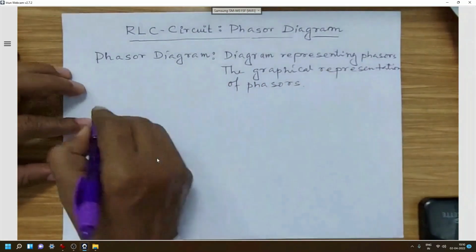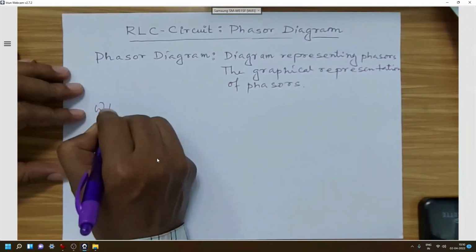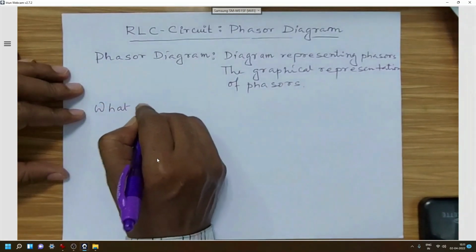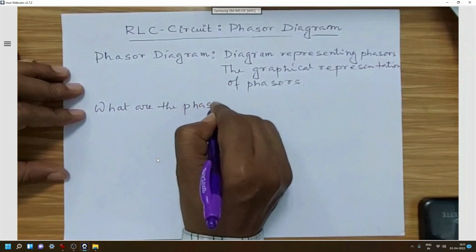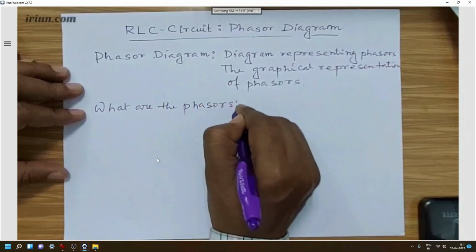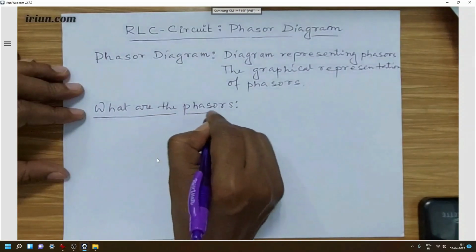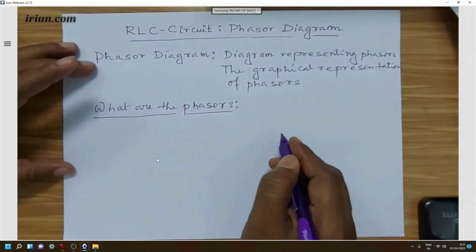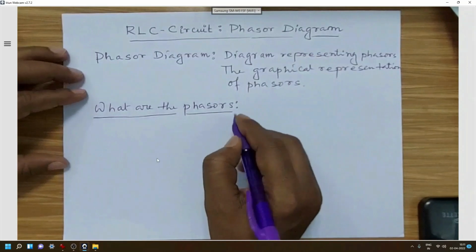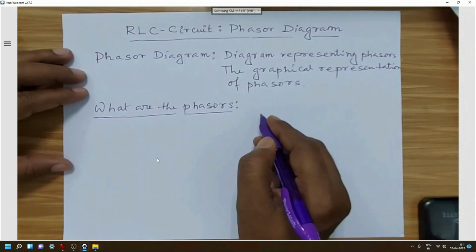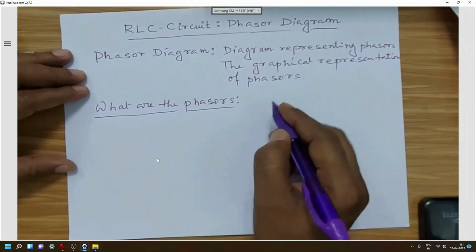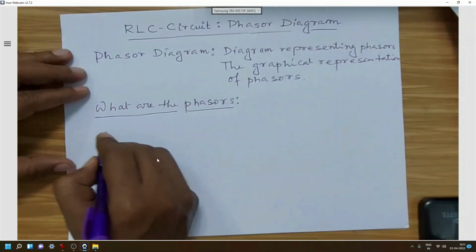Now we should know what are the phasors. Then our knowledge will be complete about Phasor diagram. So we understood Phasor diagram is the diagram representing the phasors. So we should know what are the phasors.